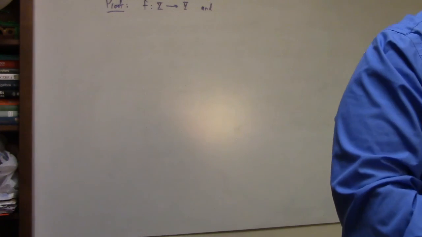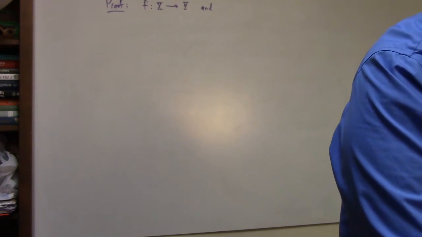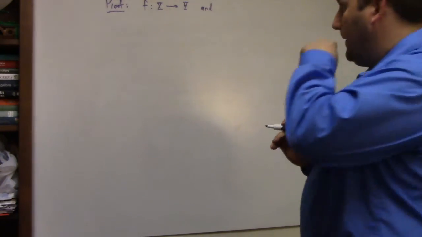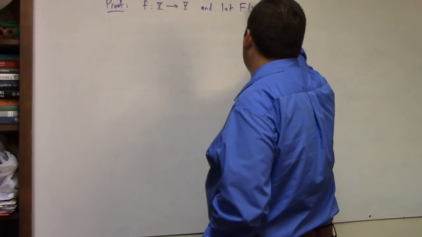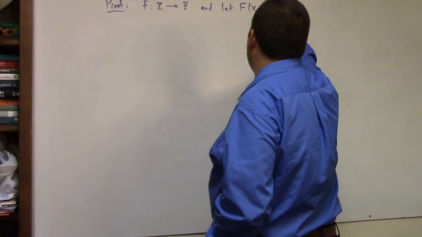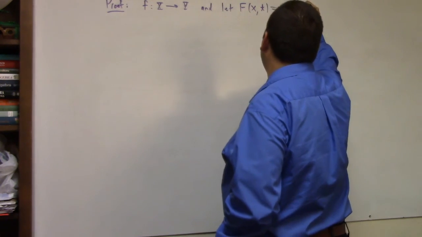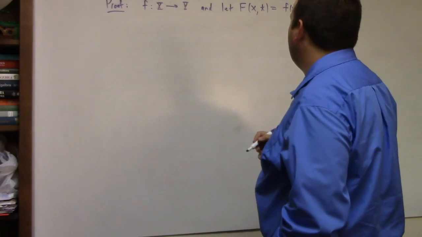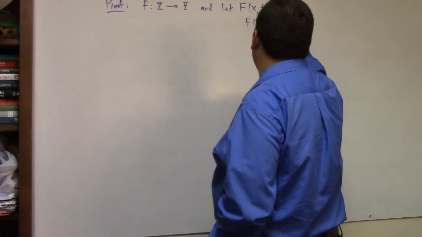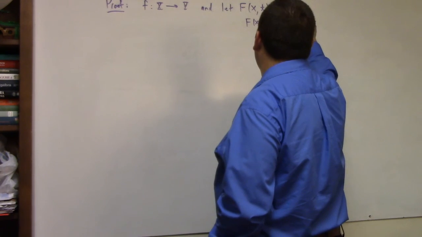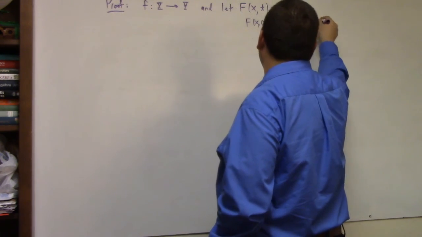Make big F of (x, t) just be f of x for all t. So then you have F(x, 0) equals F(x, 1) equals f of x.